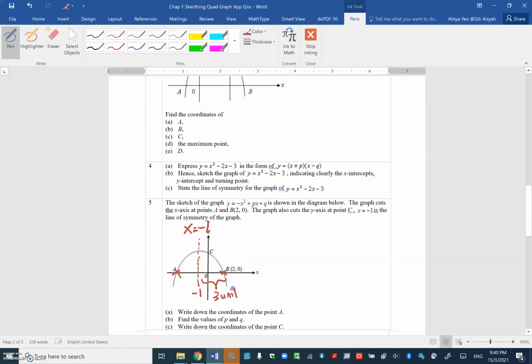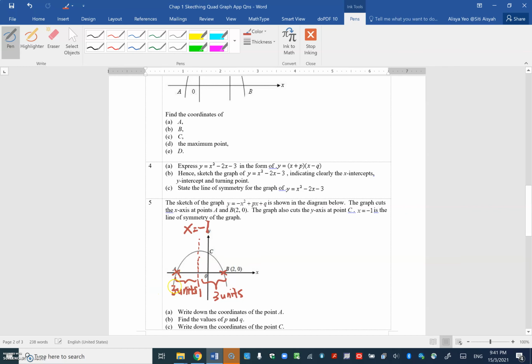Please note that the line of symmetry is the mirror line. So on the left of your mirror line, that will also be 3 units. Since you know this is 3 units, you start counting from -1, 3 units backwards.